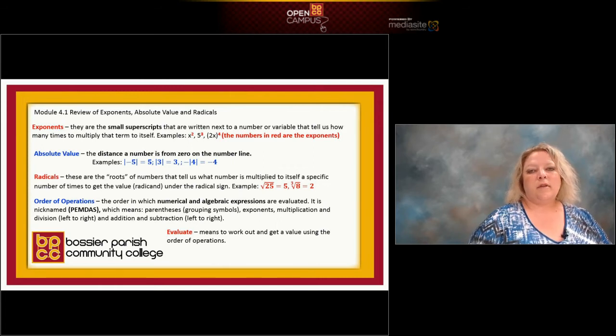The third vocabulary word is a radical. What is a radical? A radical sign, sometimes they call them square root signs. It just depends on who you're talking to. What do those square root signs really mean? When you have a number under the square root sign, for example, the square root of 25, it wants to say, hey, what number times itself gives me that 25?